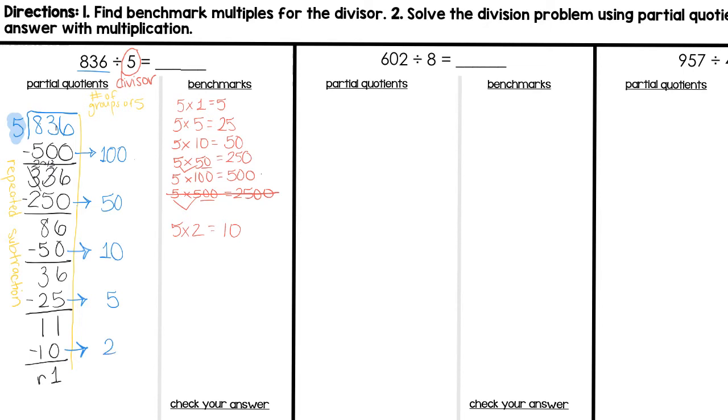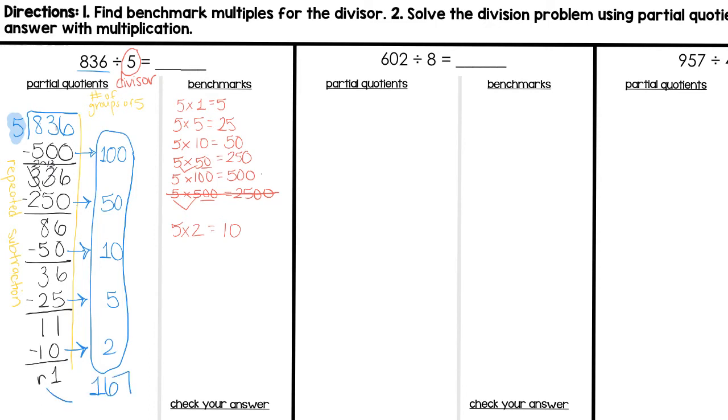So now we need to total up all of these groups of 5. Count with me. 100 plus 50 is 150. Plus 10 more, 160. Plus 5, 165. Plus 2, 167.